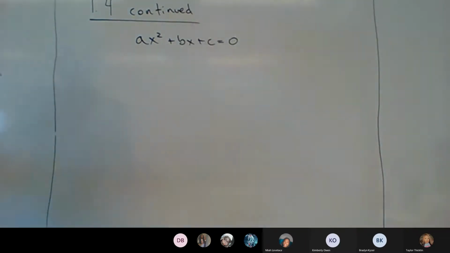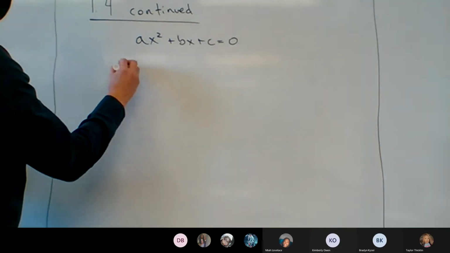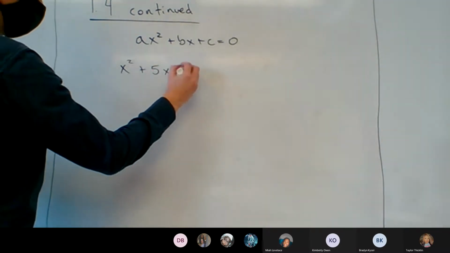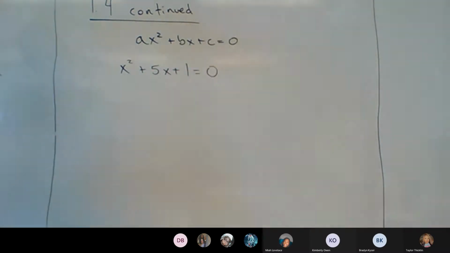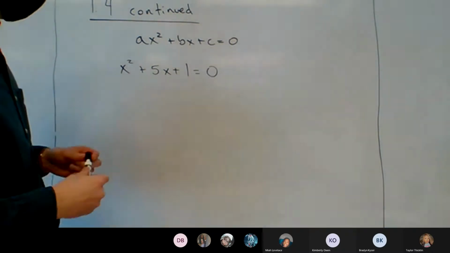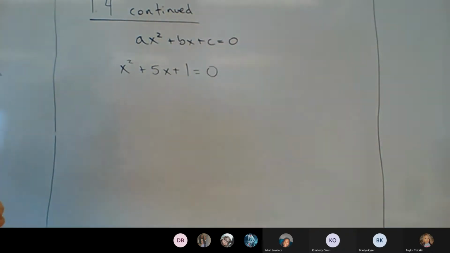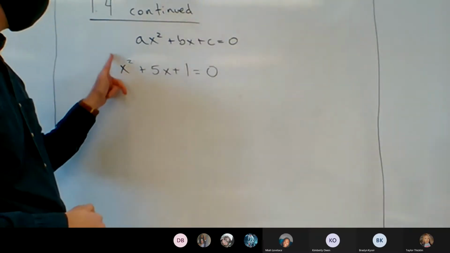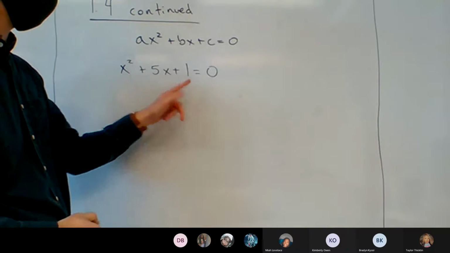So here's an example of one that cannot be factored. First of all, this looks like one of the easy ones, because it's got a leading coefficient of 1, x squared plus 5x plus 1.